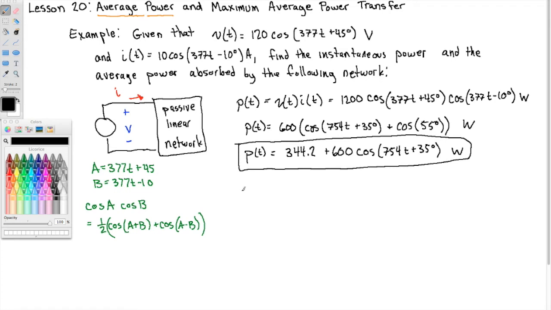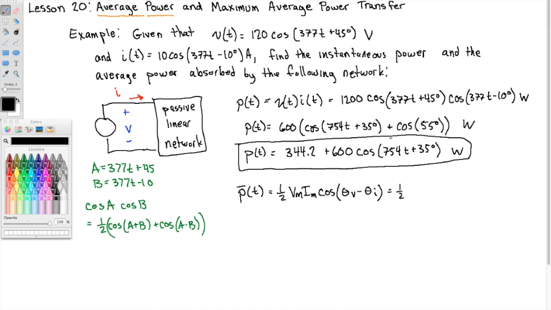Now the average power, p bar, we said was 1/2 Vm Im cosine of the difference in those two phases. That was one way we wrote it, this was the time-domain way we wrote it, and we wrote it again in the frequency domain. So this is 1/2 the amplitude of the voltage, that's 120, times the amplitude of the current.